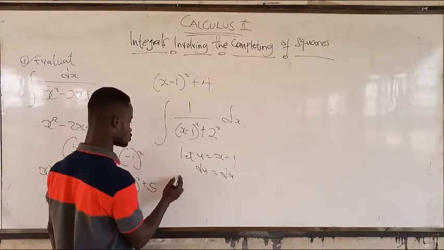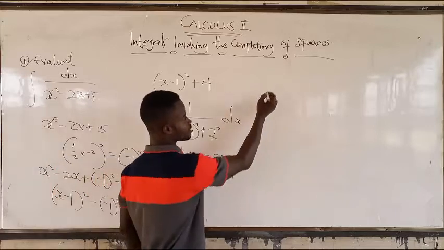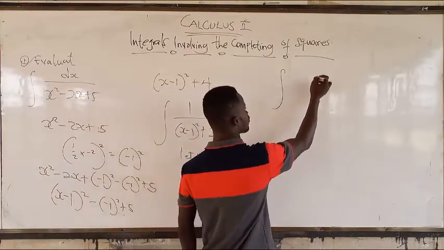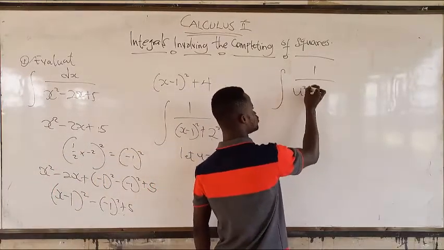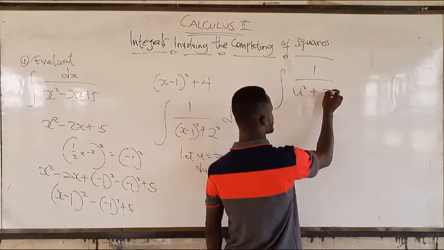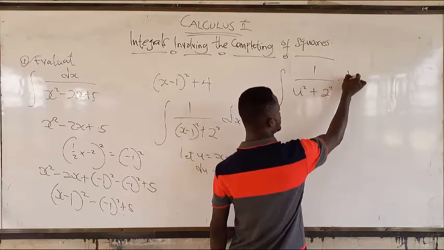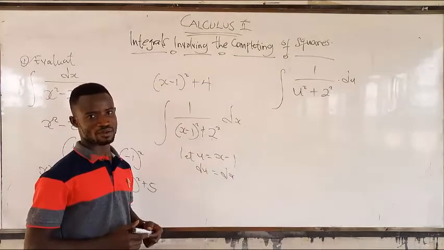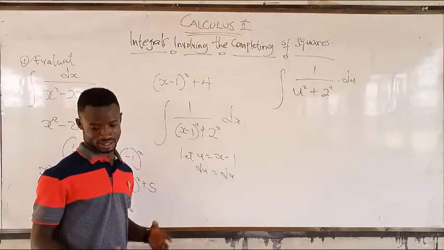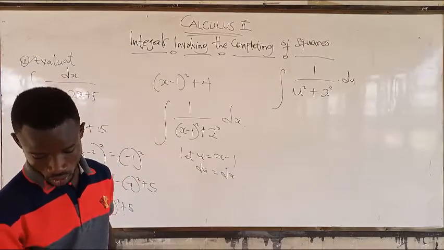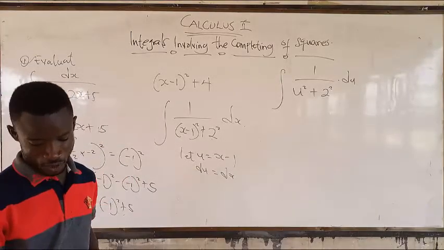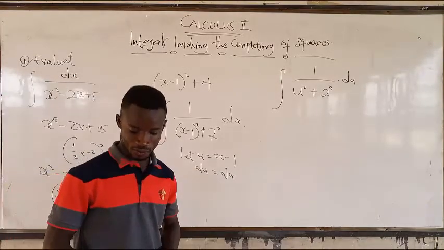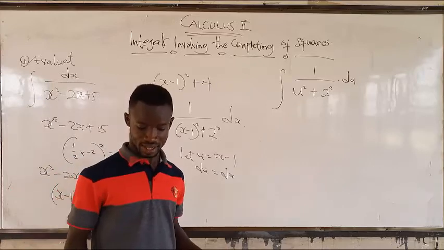Then by substitution, we get the integral of 1 over u squared plus 2 squared du. Now you can see that this is in the form of something, and that is what? Tan inverse. Very good. So this is just straightforward. It's in the form of tan inverse.